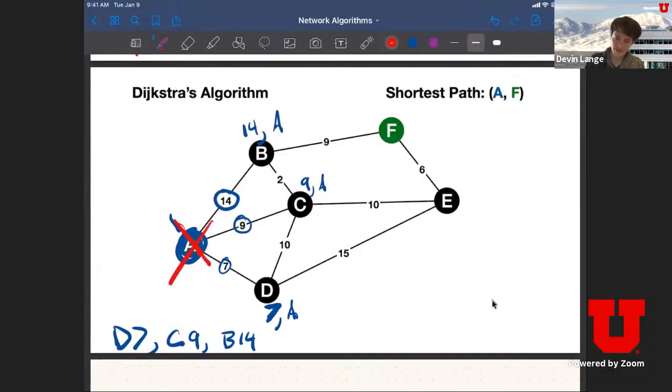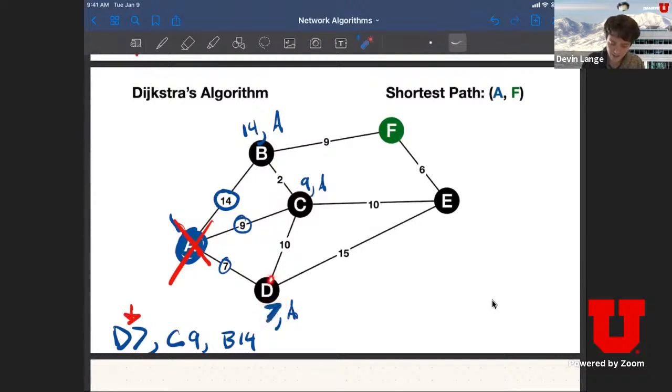And then just like before, we're going to look at our next item in our list, which is D7. We're going to perform that same operation, look at the neighbors. A is crossed out, we ignore it. C has this bookkeeping here, but it is not crossed out. So we do need to actually check this. And the check that we do is we look at the distance so far to D, which is 7.